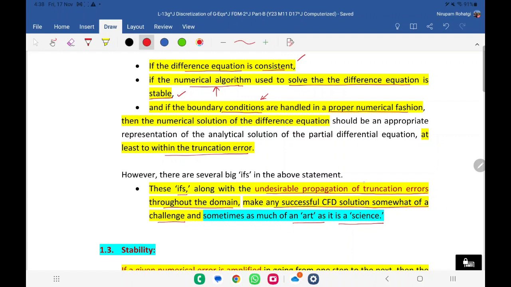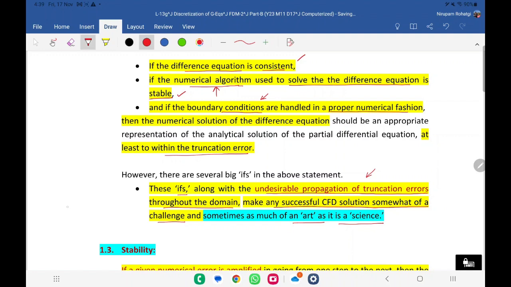And one, he is talking about undesirable propagation of the truncation error. It is quite possible that your truncation error is adding up. There is a difference here. Truncation error in one particular step and the effect of truncation error at the end.